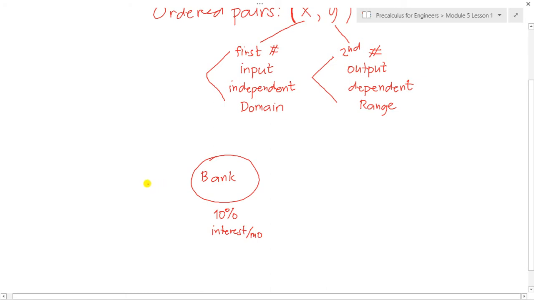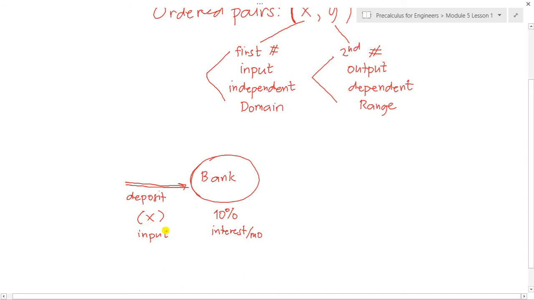Okay, and then suppose you have a lot of money because you work hard, you exert a lot of effort, so therefore you decided to deposit a certain amount of money. So this would be your deposited money. Let's say you deposit a certain amount of money x. Since the bank is our system, your deposited money will be considered as your input.